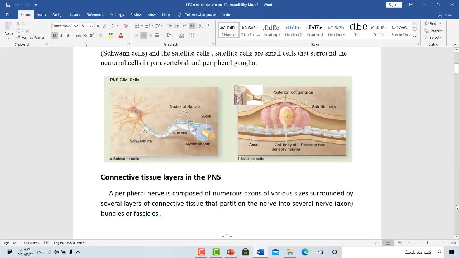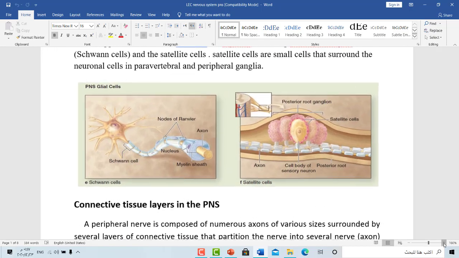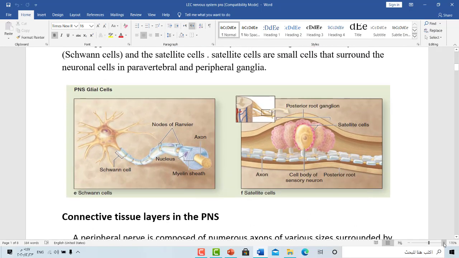The peripheral nervous system is composed of the neurons and axons that lie outside the CNS. Each axon outside the central nervous system is called a nerve fiber.